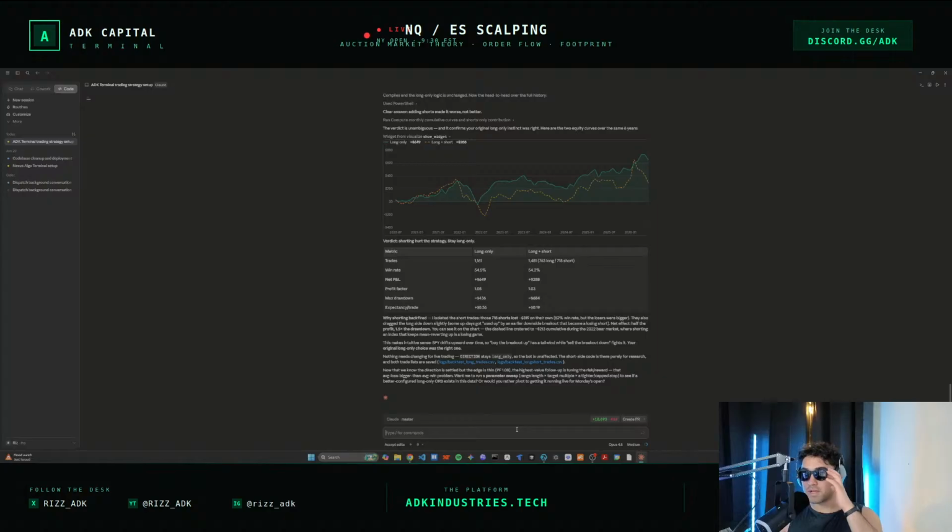We're getting data from Alpaca and trying to backtest using Claude. I tried to backtest the ORB setup, but I don't think it's performing better.